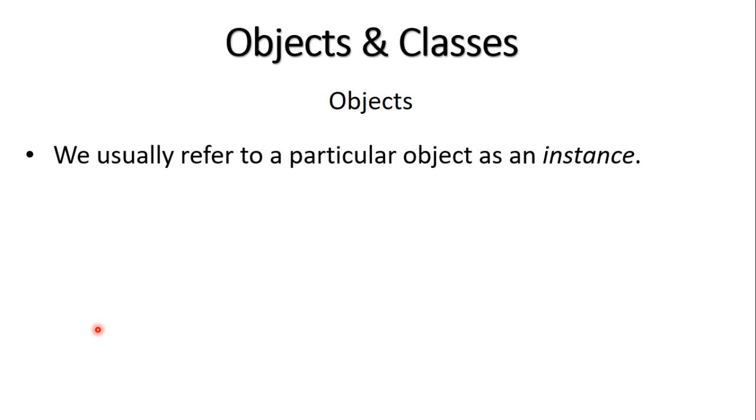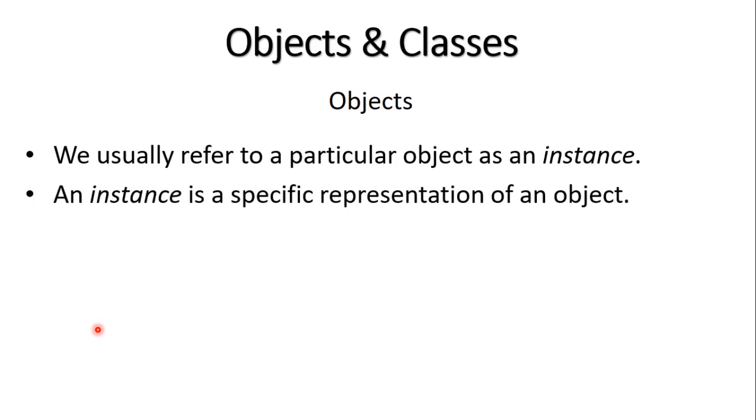Now we usually refer to a particular object as an instance. A particular object is referred to as an instance. Like I said, a particular car, a particular student in class 8, all these can be referred to as an instance. And sometimes an instance is a specific representation of an object, right?